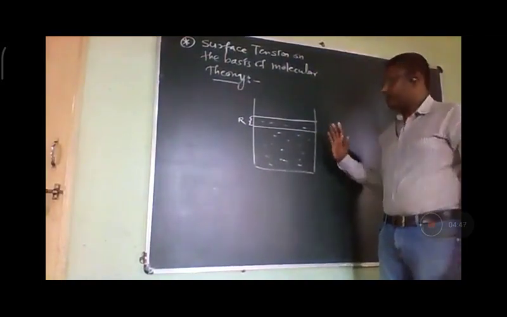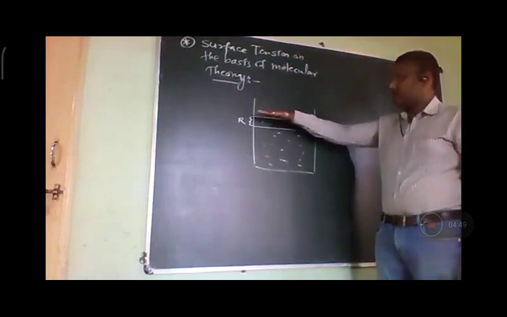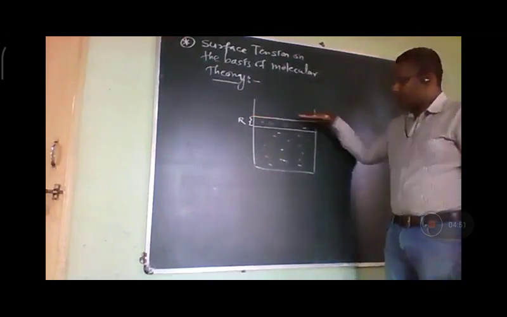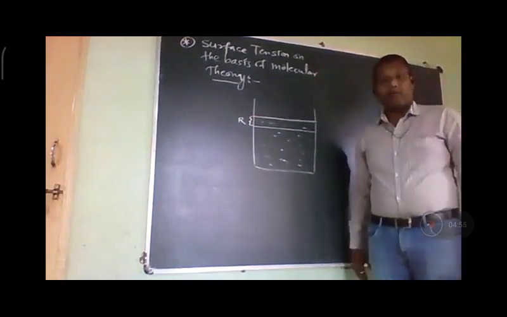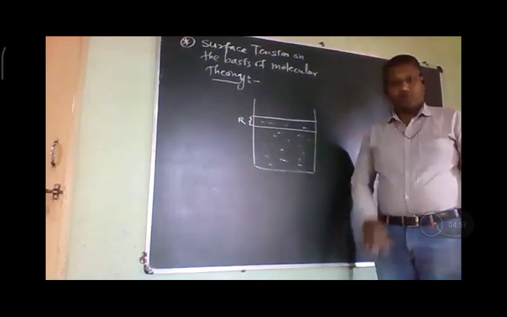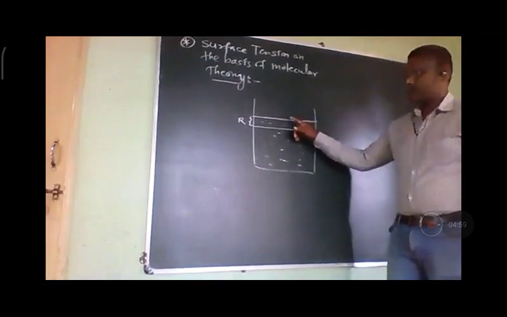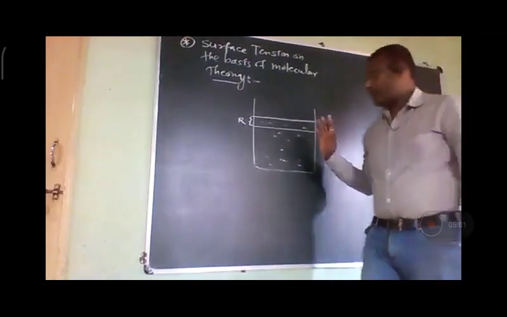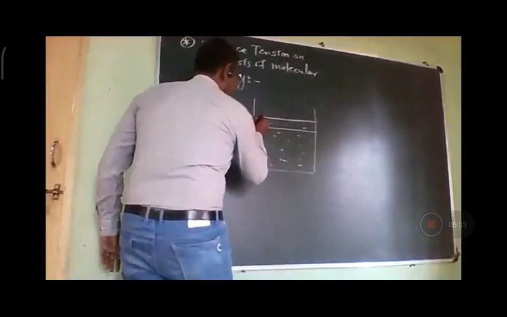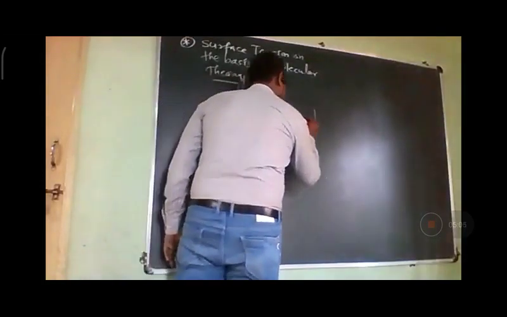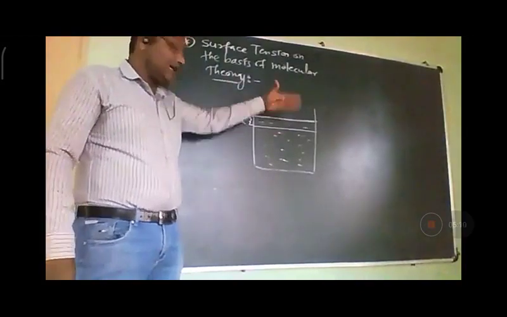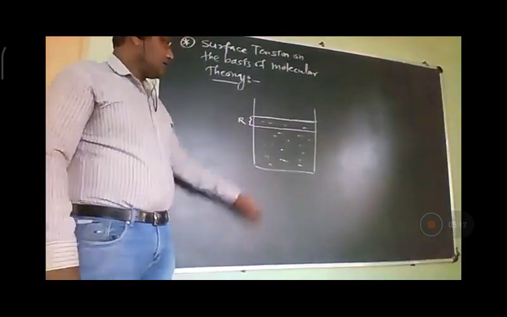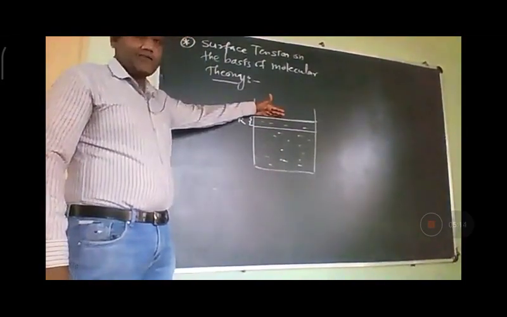Free surface of liquid is the uppermost surface of liquid which is directly in contact with air. See here, this is the free surface, the uppermost layer of liquid directly in contact with the air. That's why this is said to be the free surface of liquid.